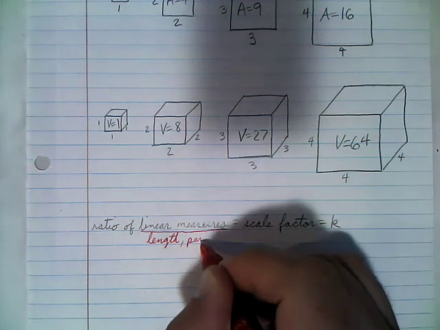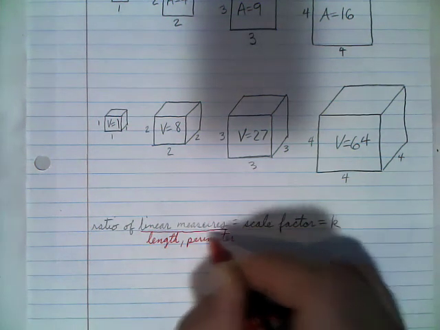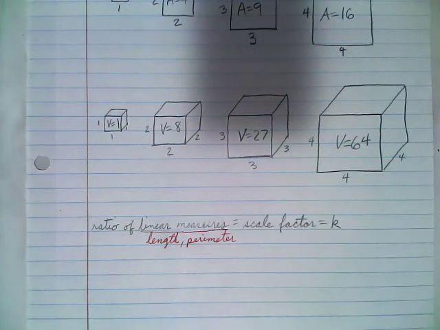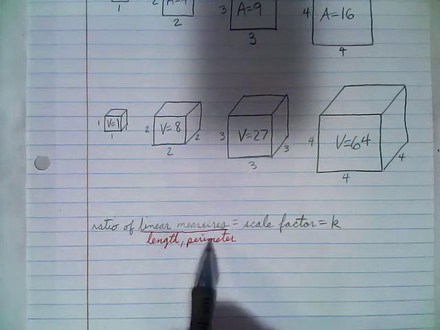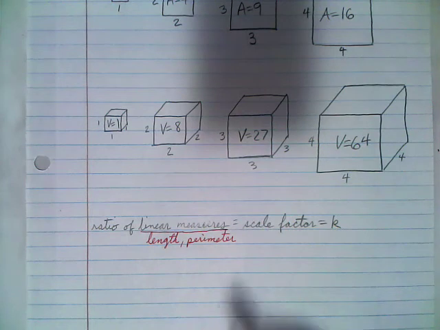Also, perimeter, which of course also includes circumference on a circle, because that is a perimeter. So that's our foundation. If you look at the linear measurements, that gives us our scale factor.